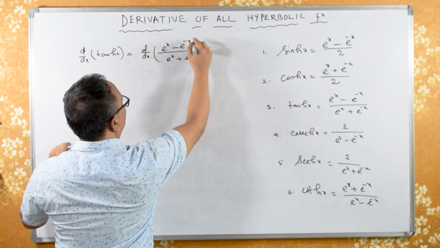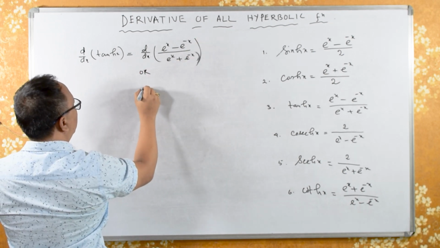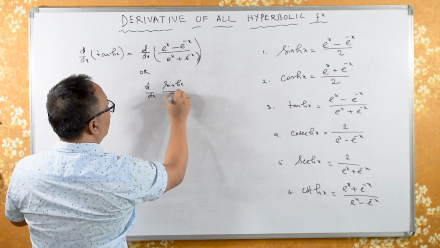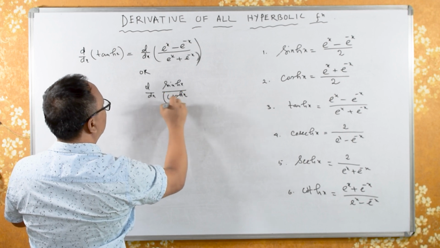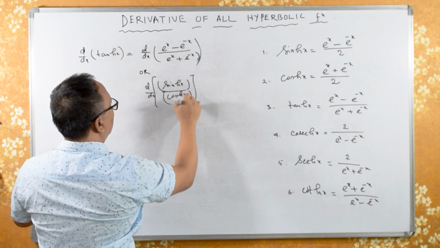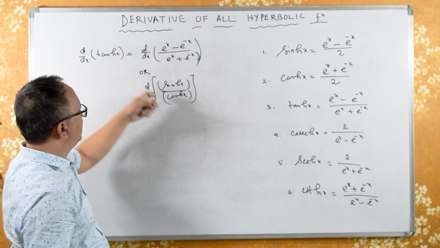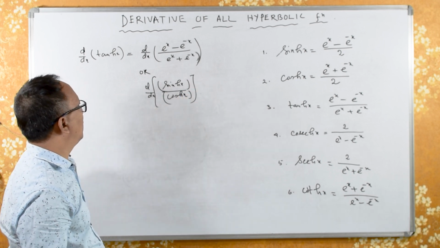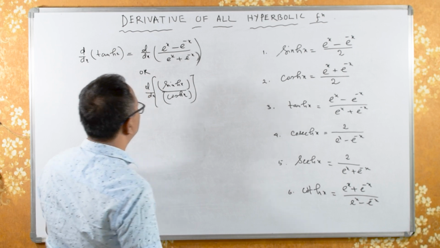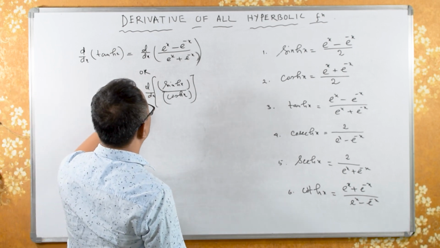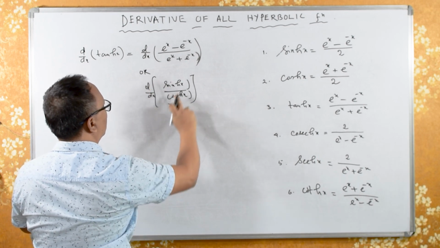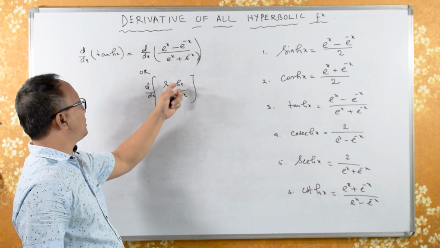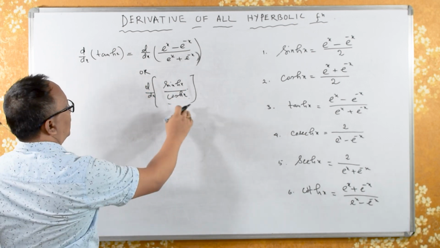You can do this way, or what you can do is d by dx of sinh x upon cosh x. You can do this way. Since we already have this, now d by dx of tanh x is, you can use this, or you can use sinh by cosh x. Let's see.